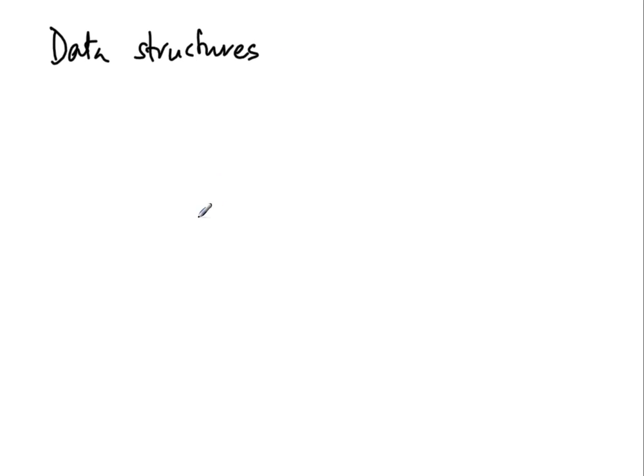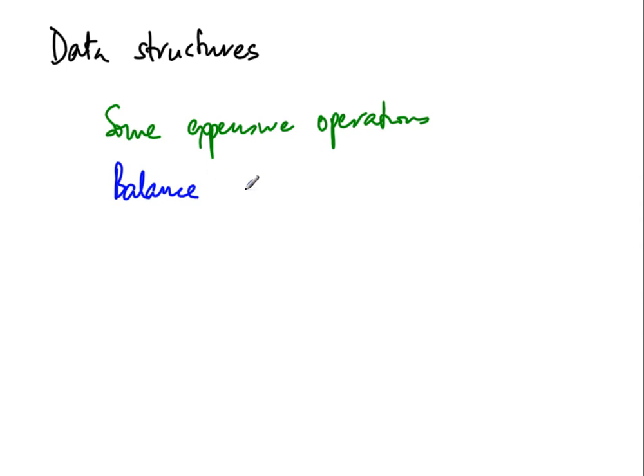So basically you have some expensive operations, and to balance them, you have some cheap ones, and they average out in some sense.